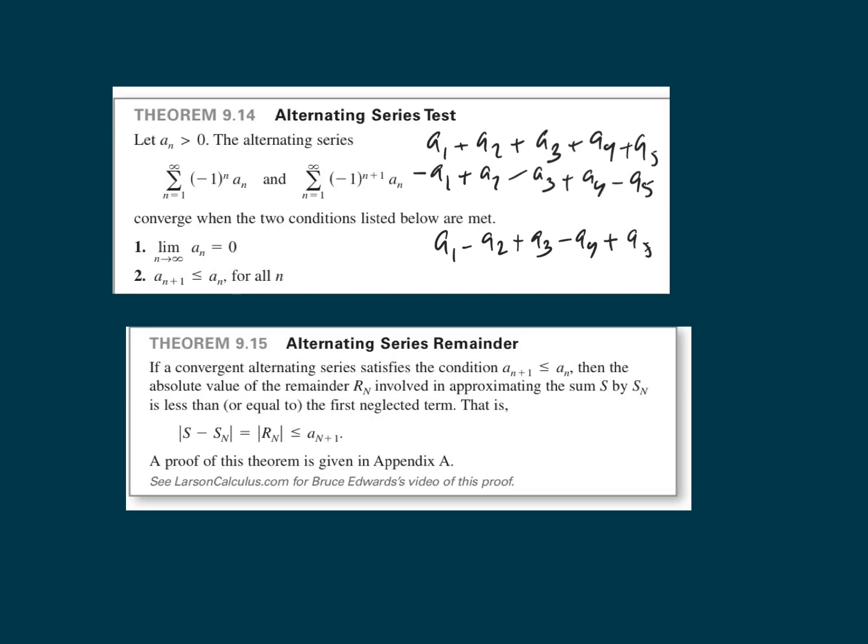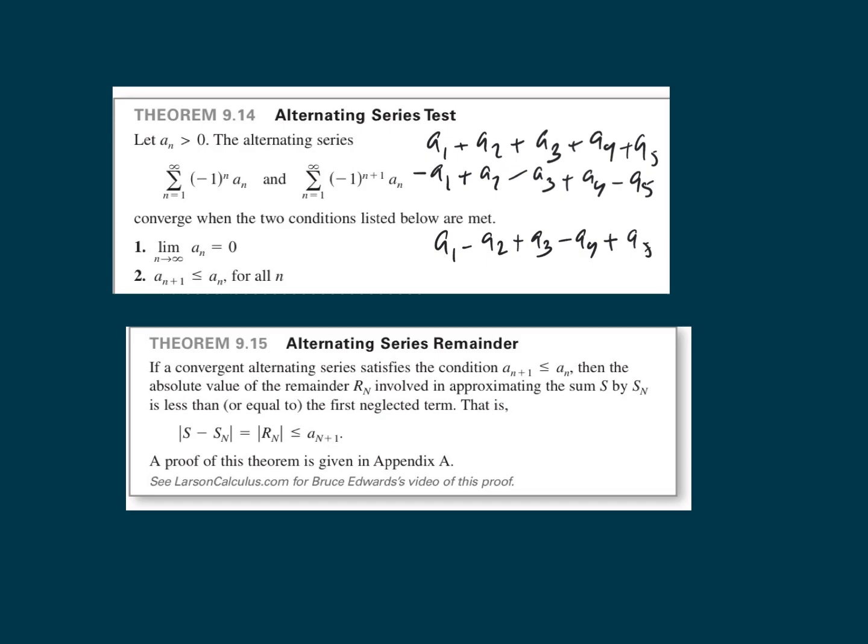So the following value is smaller than the previous value, and this has to happen for all n. If these two conditions hold, you can say that the alternating series, either this one or this one, is convergent.